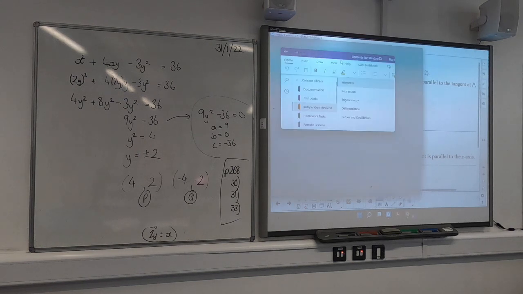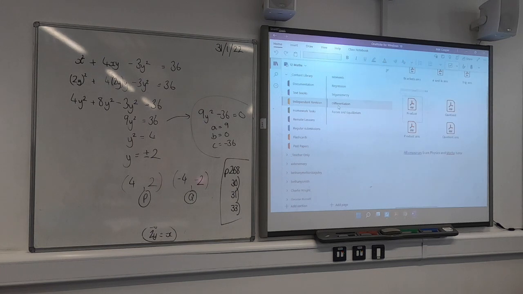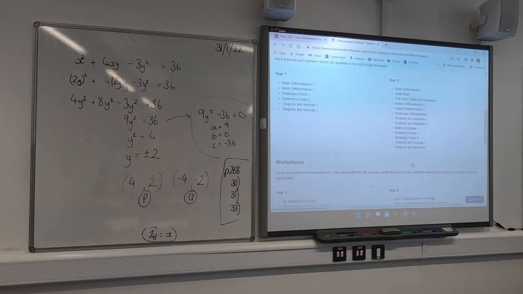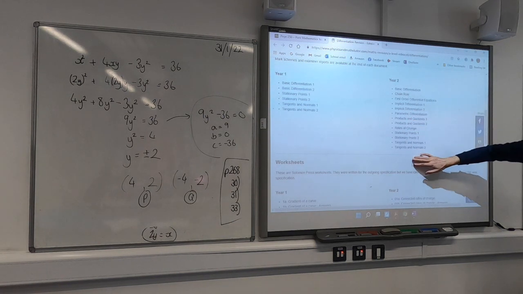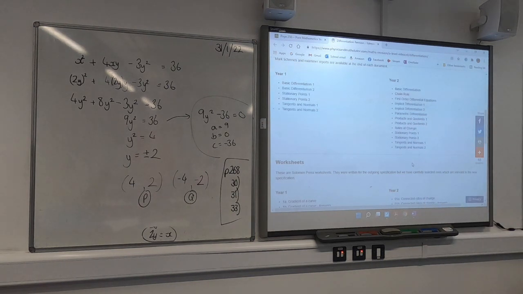One note, independent revision, differentiation, and I'm trying to be less directive this time, but I did put that basic practice on. I've linked here to the Physics and Maths Tutor page on Year 2 differentiation, and I strongly recommend this because these questions are on everything that we need to do, and they're really good.